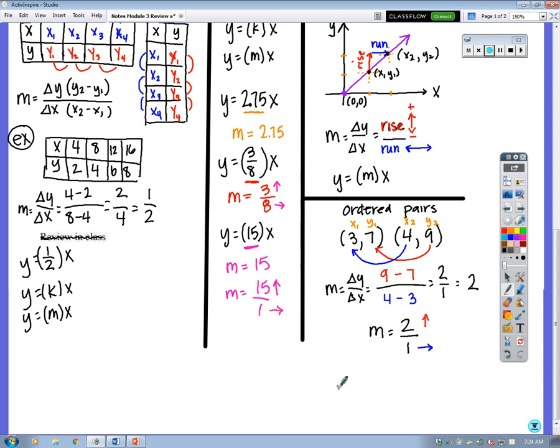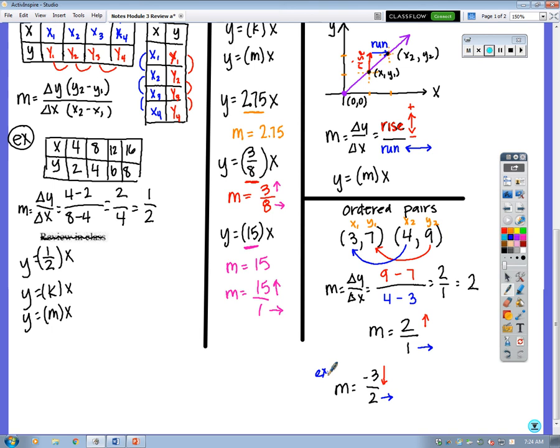Let's say slope is negative 3 over 2. And in this case, you would be going down 3 and over 2. You're always going to be traveling to the right because that's how we read our graphs, from left to right. So this is a positive slope, this is a negative slope. This is just another example. This has nothing to do with those ordered pairs.